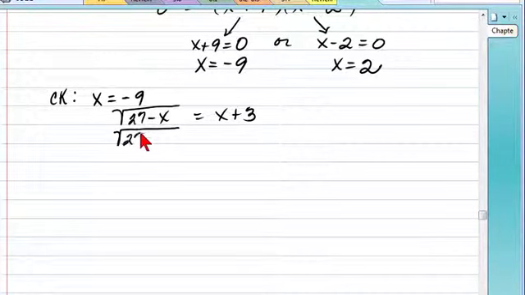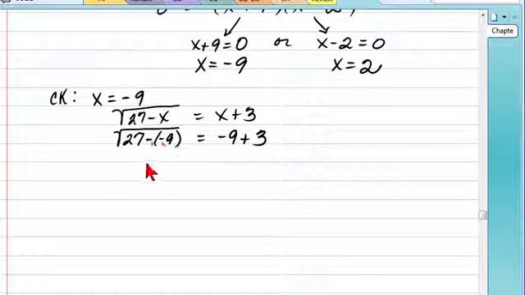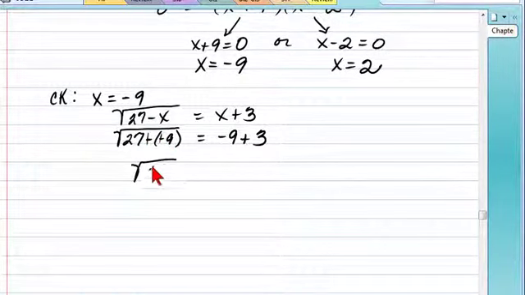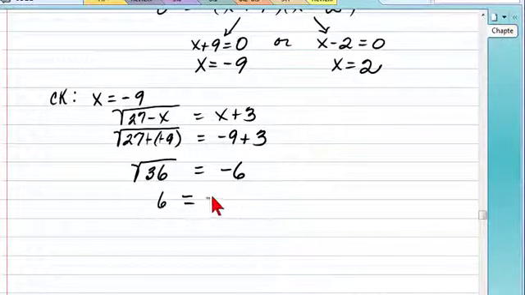That's going to give me the square root of 27 minus a negative 9 is equal to negative 9 plus 3. Minus minus, that's going to turn into plus. The square root of 36 is equal to negative 6. What's the square root of 36? 6. Does 6 equal negative 6?